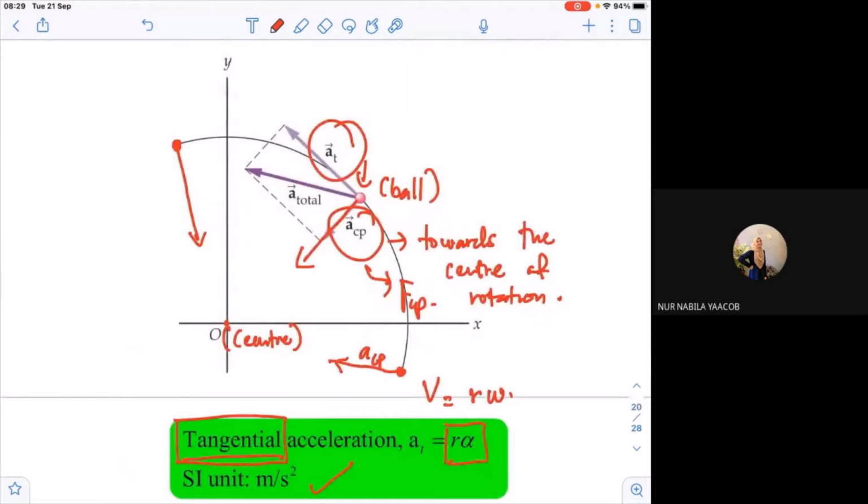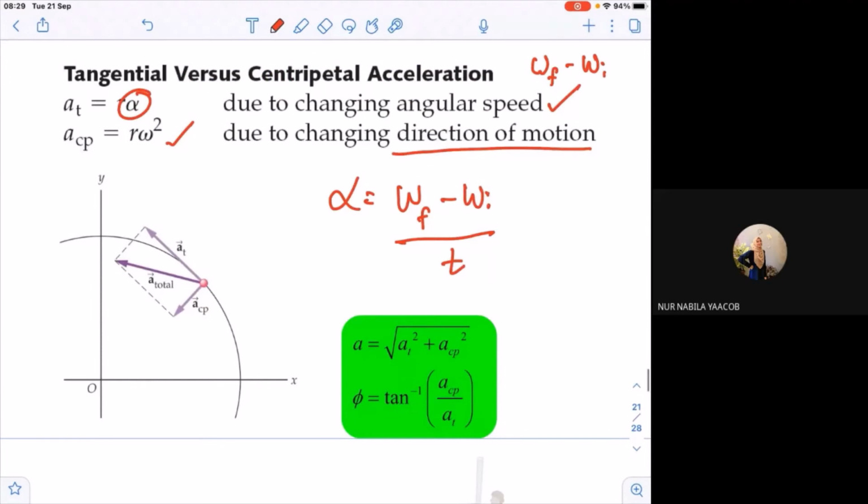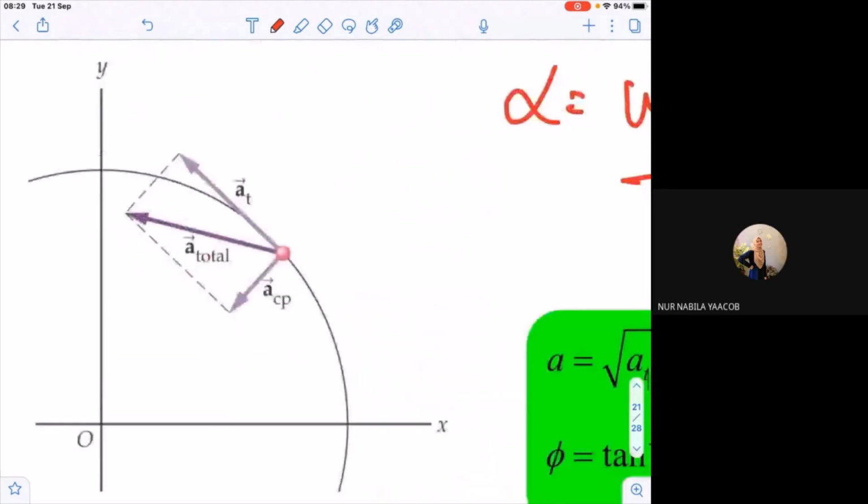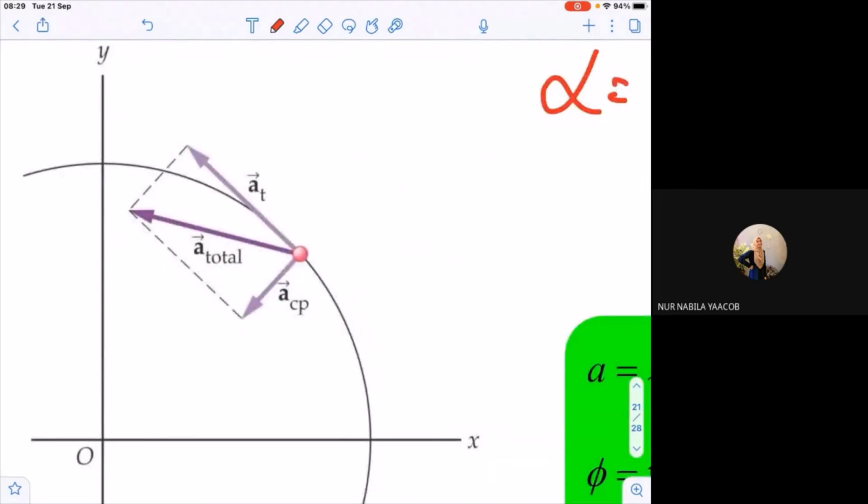Every time, the centripetal acceleration, as I said just now, will act towards the center. Look carefully: these are the centripetal accelerations pointing towards the center, and the tangential acceleration is pointing forward, which is 90 degrees to the centripetal acceleration.